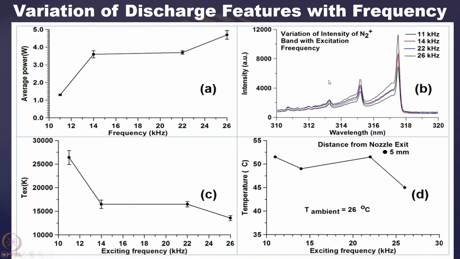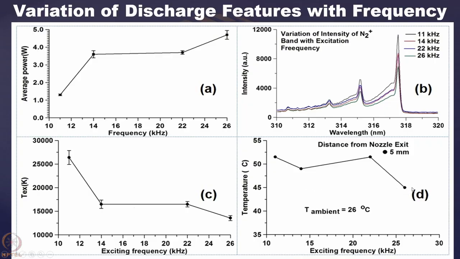Now the plasma that has been generated, you see however here the intensity, the moment you change the frequency of the excitation, has a significant impact on the intensity that is being generated over there. Similarly, you see the temperature, this temperature is around 45 degrees centigrade.